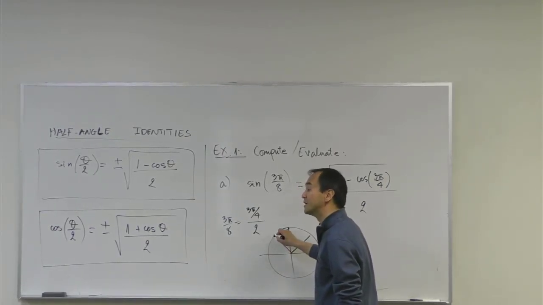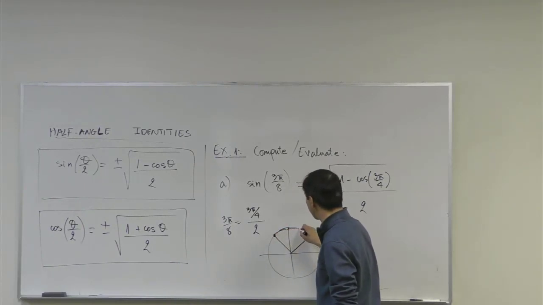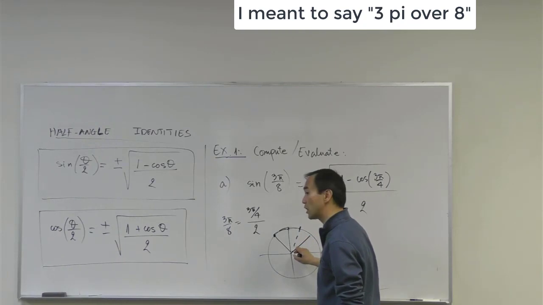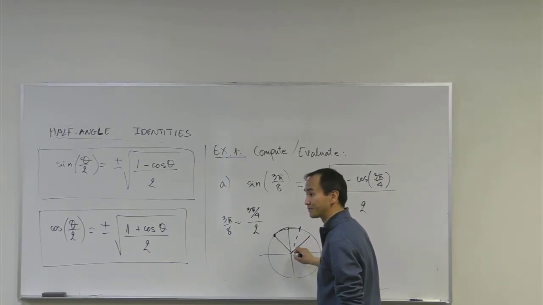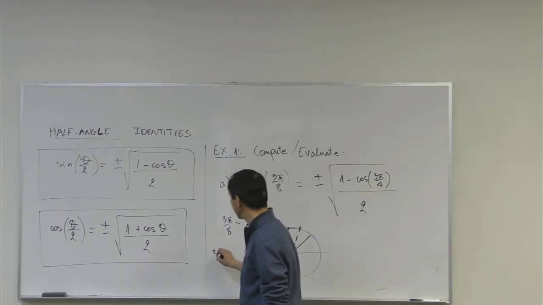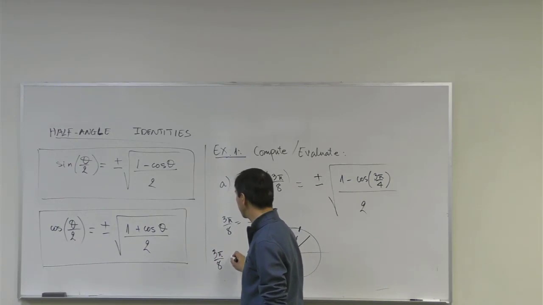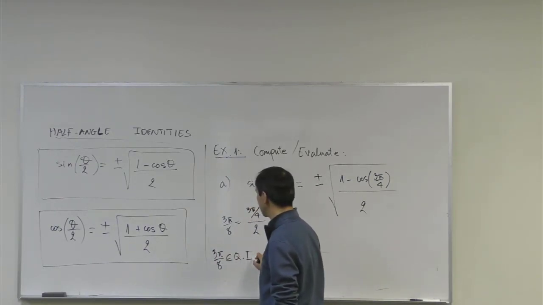You guys follow it? So halfway of that lands right about here. In what quadrant is this? The first quadrant, right? 3 pi over 8 is in the first quadrant.